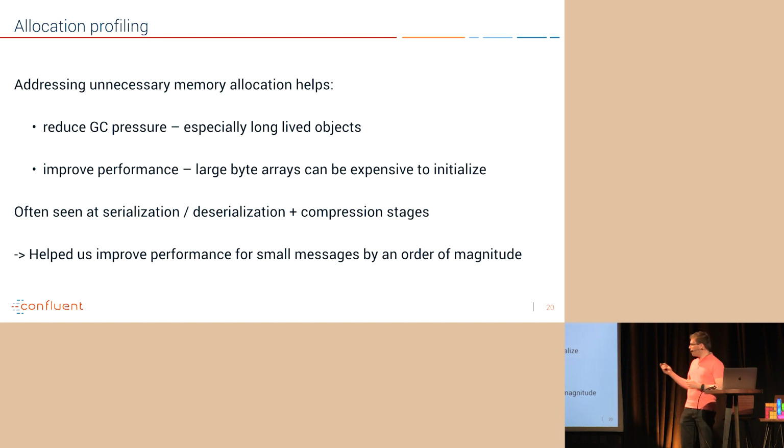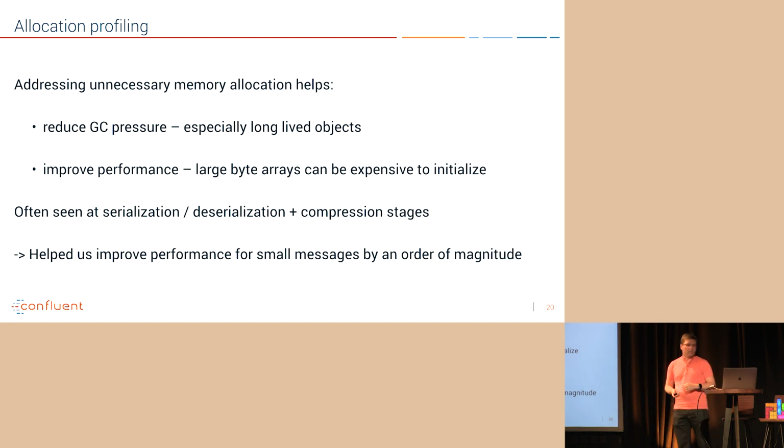Often you'll see those types of bottlenecks in serialization, deserialization, and the code that does decompression and compression. In this case, we were able to improve the Kafka Streams client for small messages by about 30x in performance compared to before, just by reusing some of the buffers. And those are bugs that have been around for years in Kafka that no one really noticed, until we did this profiling.